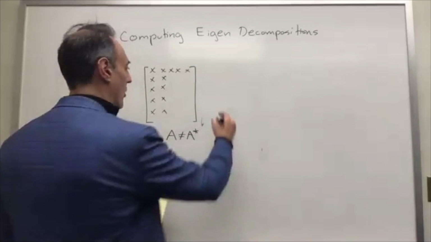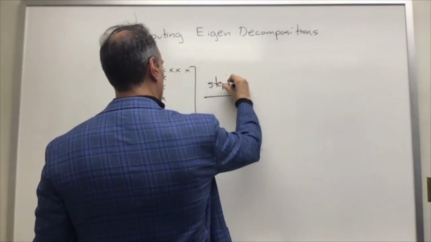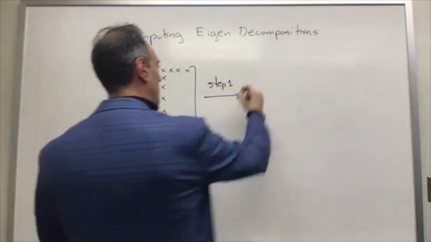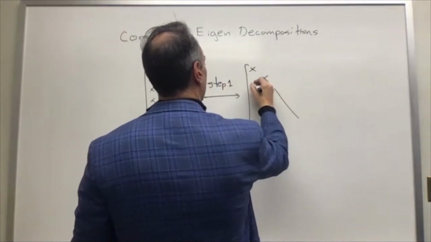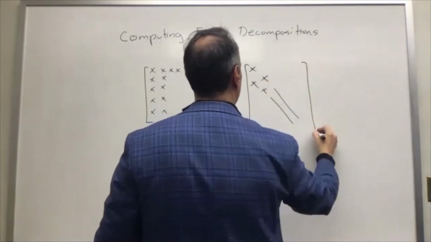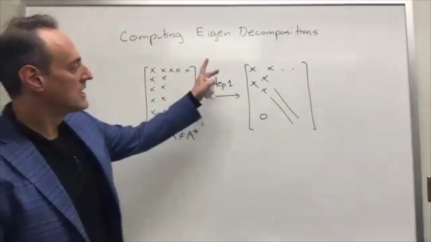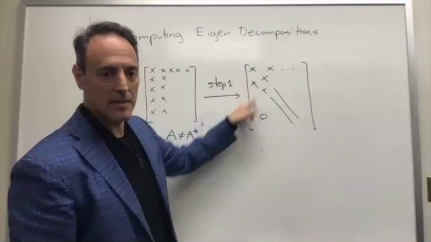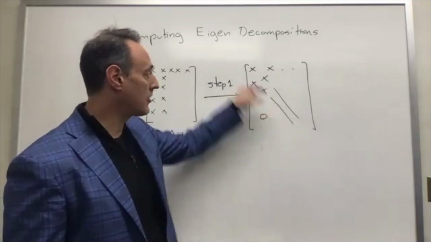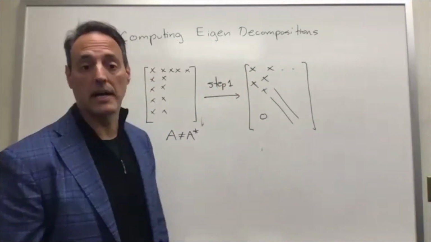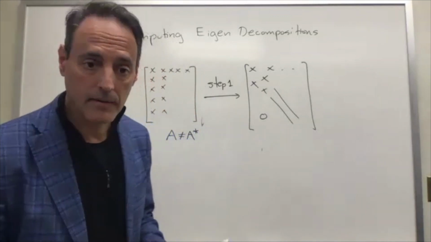Hessenberg form has this very nice property. What you're trying to do is set everything below one subdiagonal to 0. So step one is to zero everything not on the diagonal but one below the diagonal. So this is upper Hessenberg form.